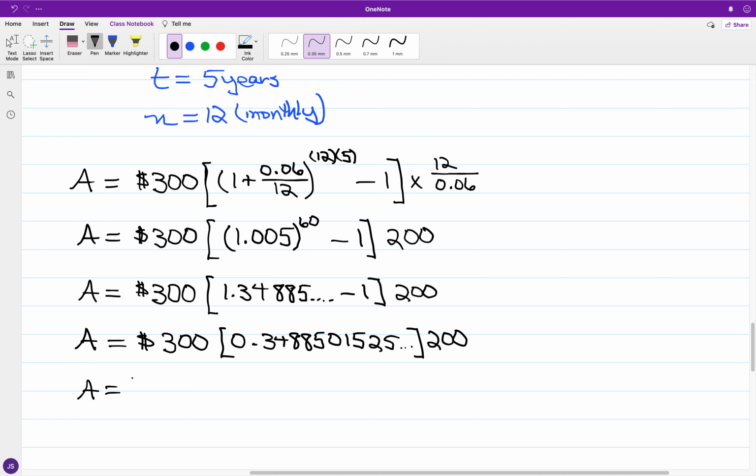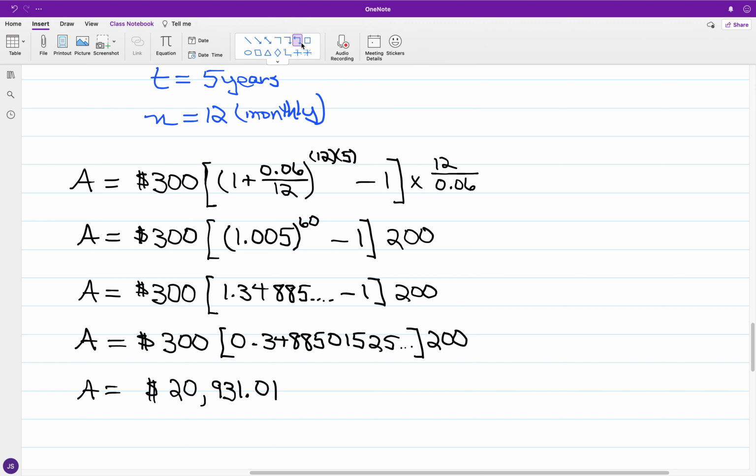Putting this all together, the future value is going to be $20,931.01. So you have $18,000 in deposits, and the $2,931.01 comes from the interest accrued.